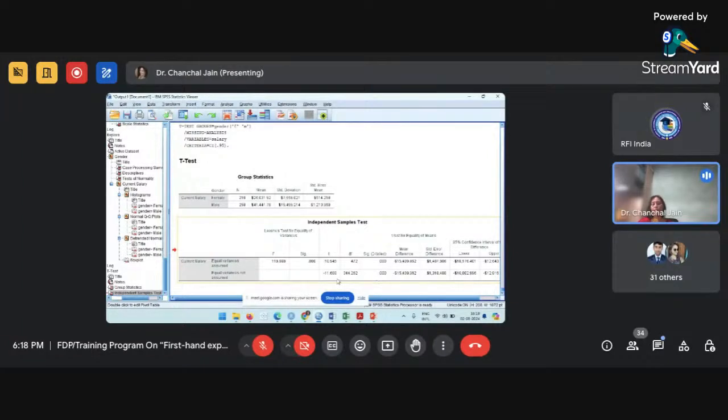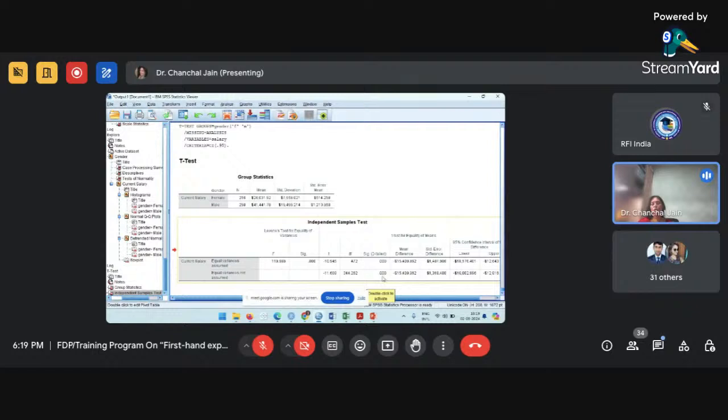You can find here the t value is coming as minus 11.688 and the degrees of freedom is 344.262. Significance level is 0.000. Mean difference is minus 15.409 and further. The main thing is you need to see the significance value of the t-test, which is this 0.000.